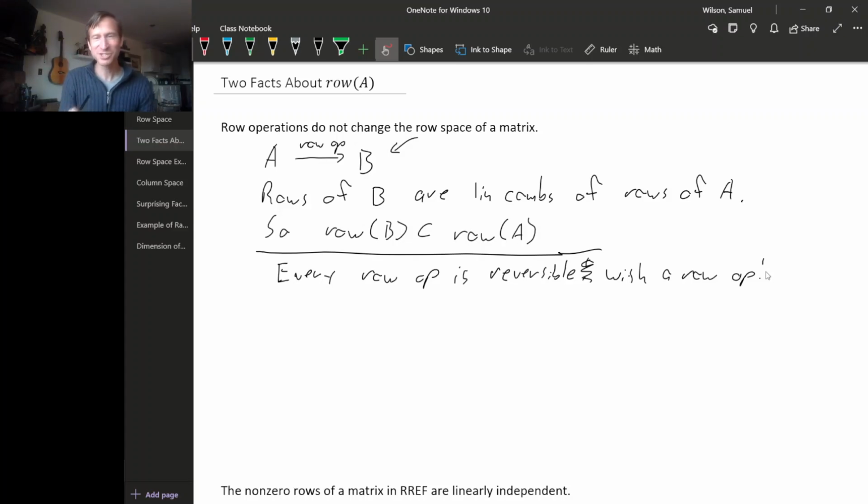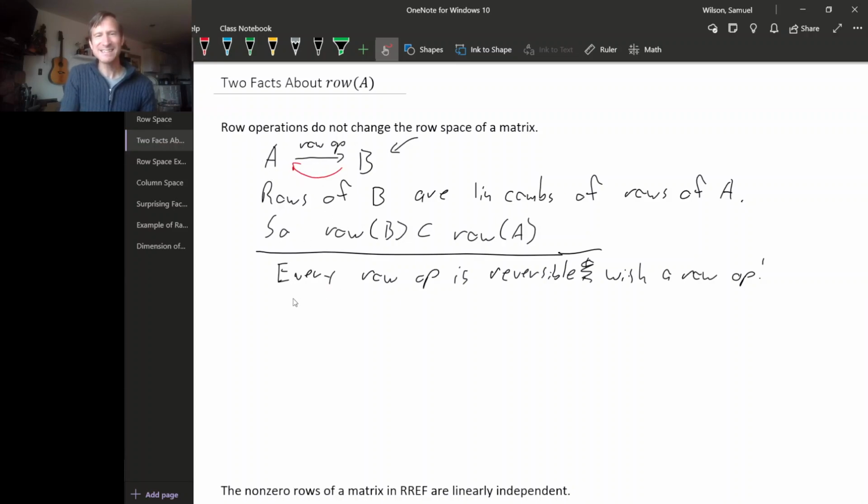If you multiply a row by a non-zero constant, you can undo that by dividing that row by the non-zero constant. And if you've added a multiple of a row to another, you can undo that by subtracting the multiple of the row from the other. So every row operation is reversible with some other row operation. That means the row operation that turned A into B has another row operation that turns B into A.